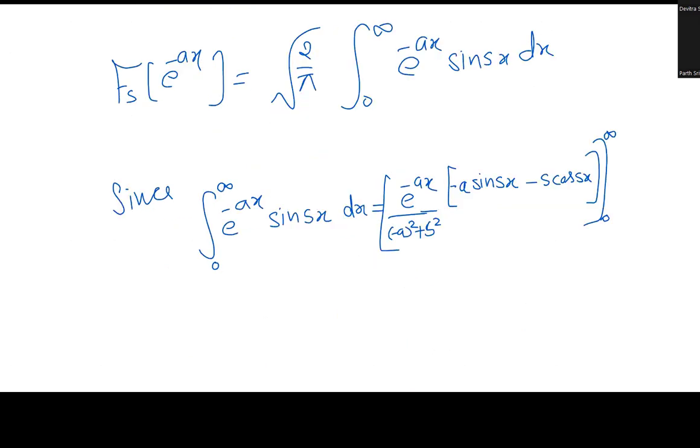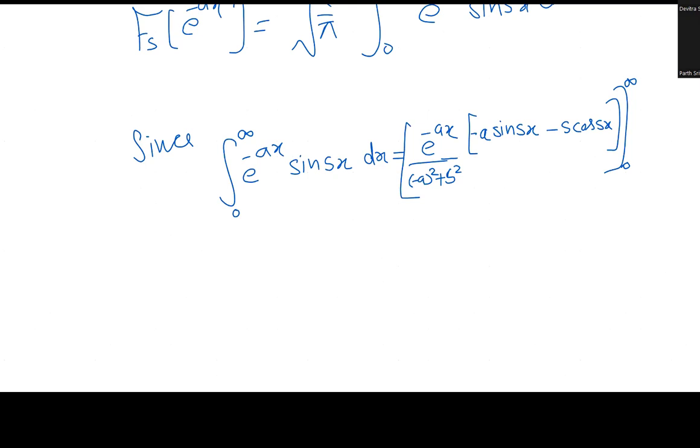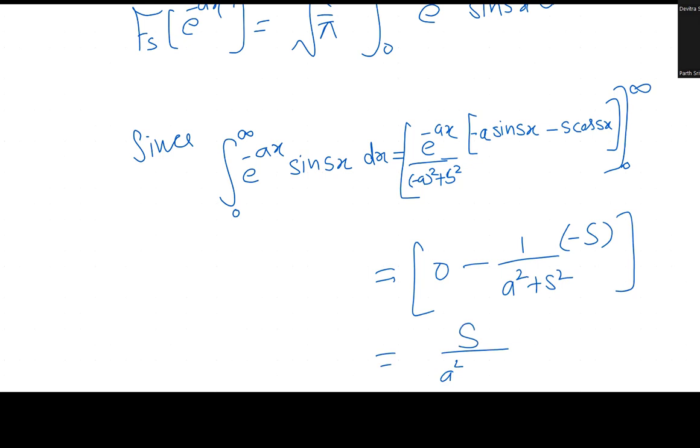Because for infinity the entire term will be 0, but for 0, this term will be 0, so for 0 it will be minus s. I'm taking it directly. After applying the limit, we have first term 0 minus, then we have 1 upon a square plus s square into minus s, which gives s over a square plus s square.